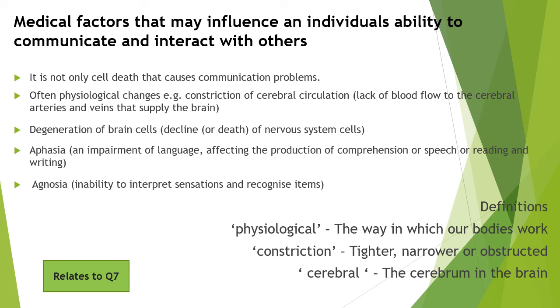Aphasia, and this is an impairment of language, so affecting the production of comprehension or speech or reading and writing. And agnosia, the inability to interpret sensations and recognise items. They're all medical factors that can influence an individual's ability to communicate and interact with others. And you'll see here there are some definitions to explain what some of those words mean.